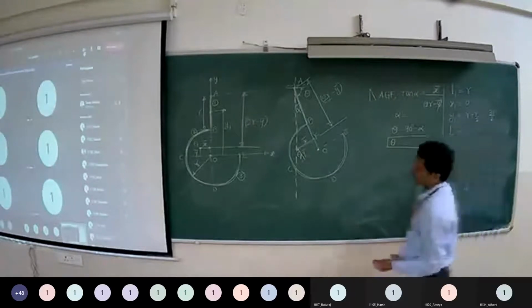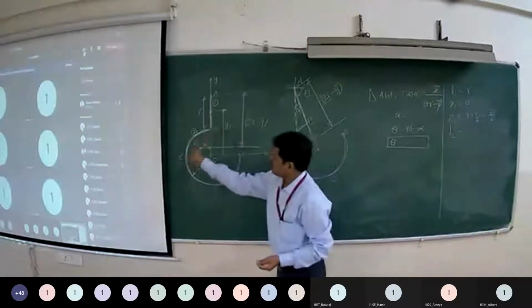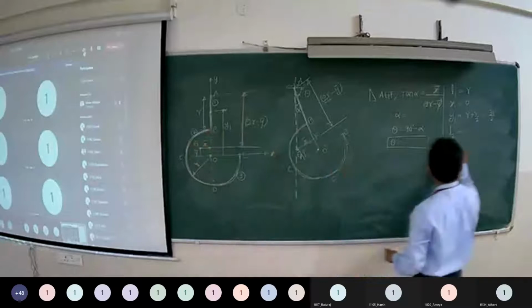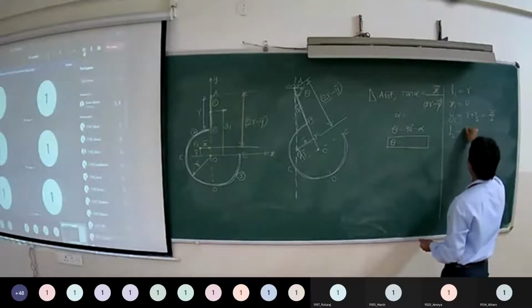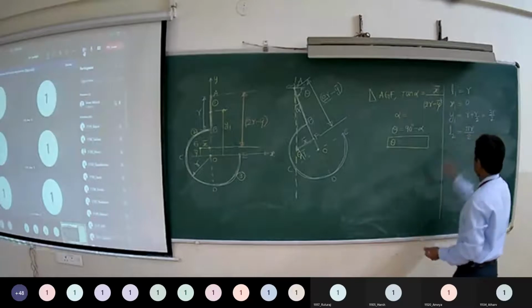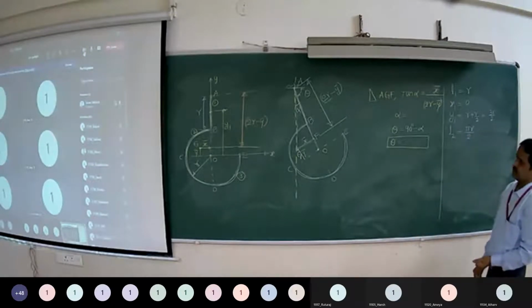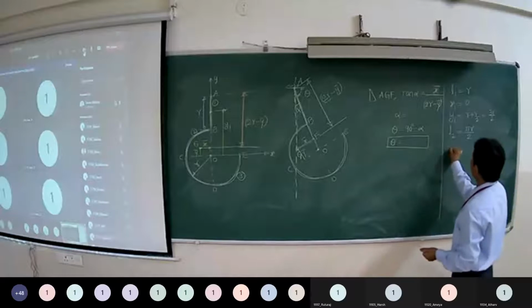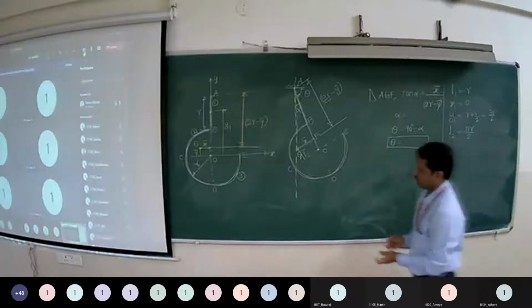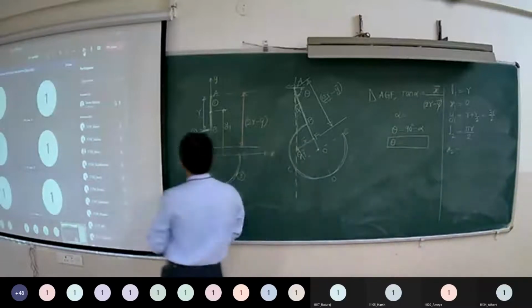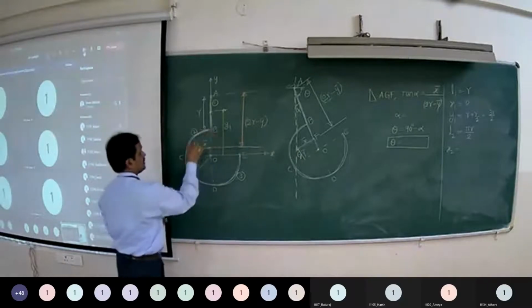L2, length of this quarter circular arc, is pi R by 2. Right? X2. What is the formula for quarter circular arc, location of centroid?